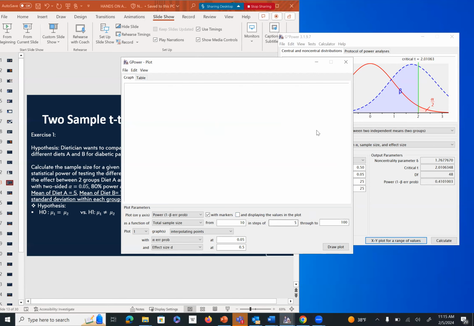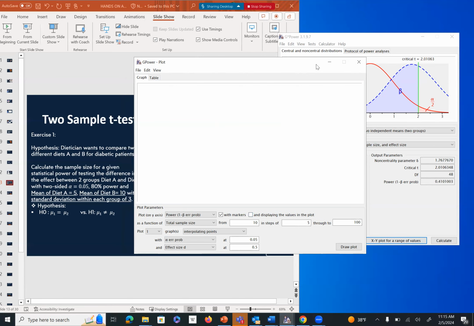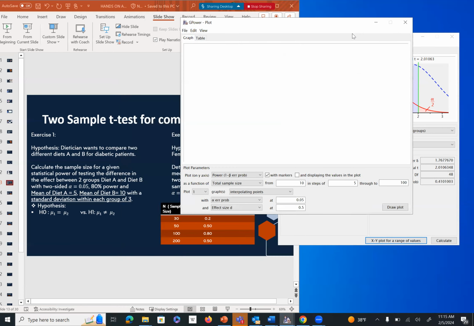Isn't that power better than 0.11? If you multiply it times 100, that 100% power is really good power. It's considered good, like you're correctly able to detect the significance of your test. 41% power is not as good, so you'll probably have to increase your sample size to increase your power.